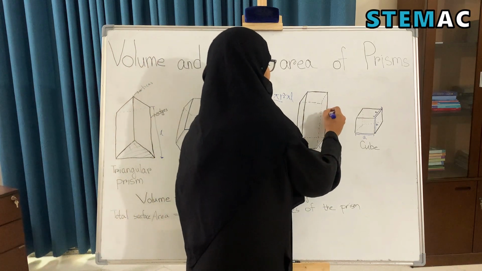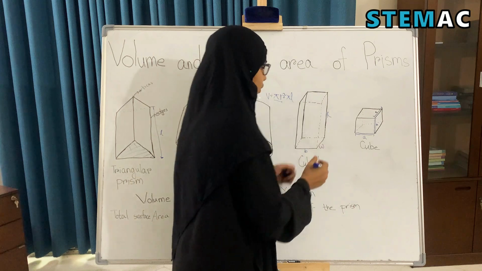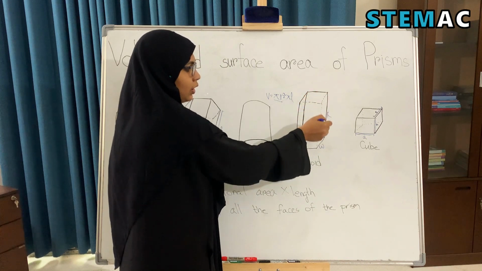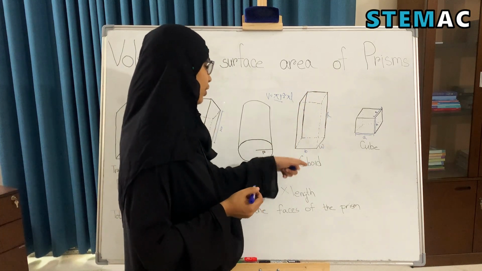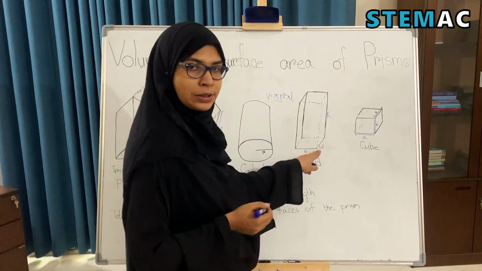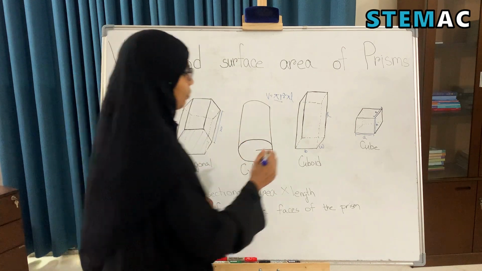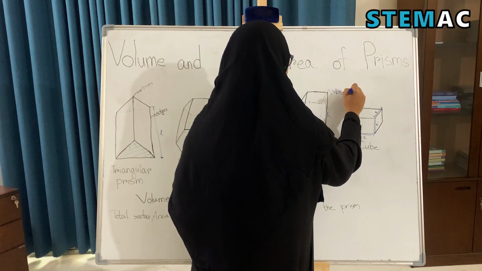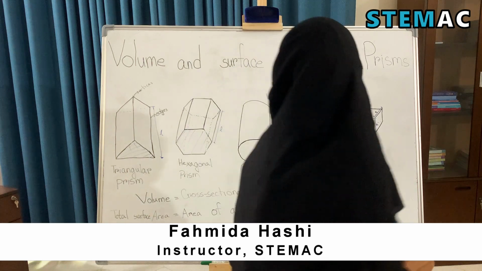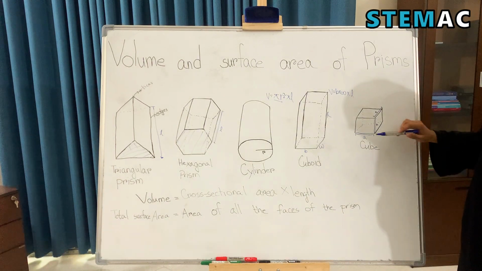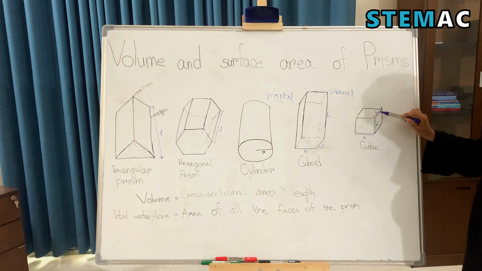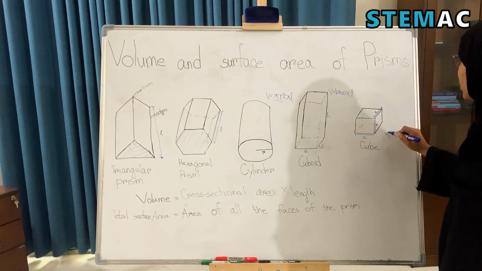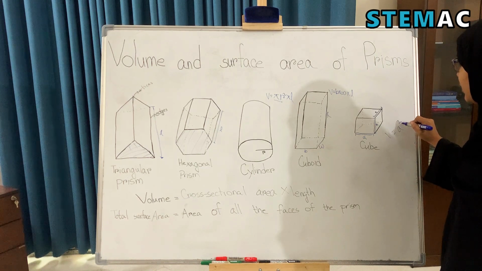Let's denote the breadth, width and height, or let's just denote it by L. This side is of length B, this side is of length W, and this whole length is L. So for a cuboid, the volume would be B into W into L. For a cube, the cross-sectional area is A square, the length of the prism is A, so A square into A is A cube. That gives us V equals A cube.